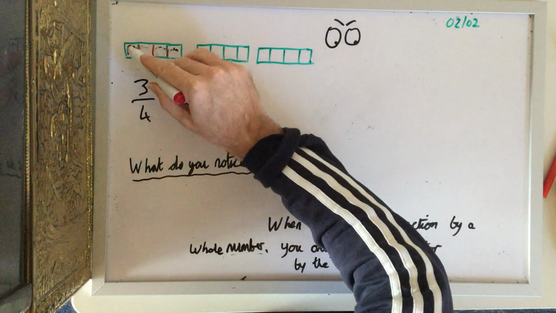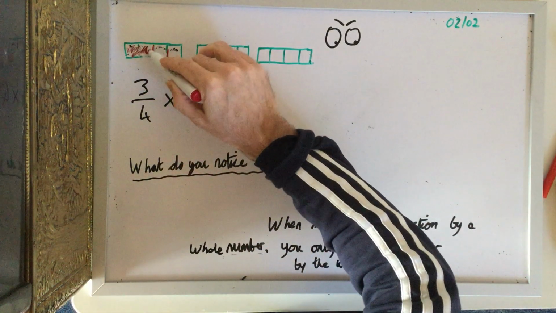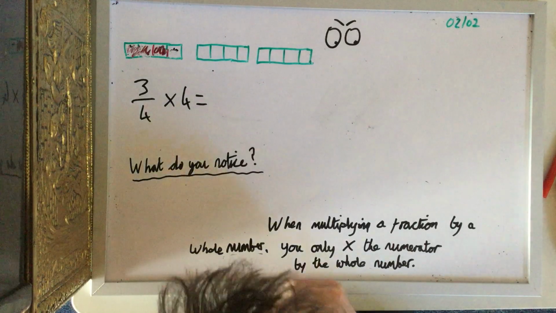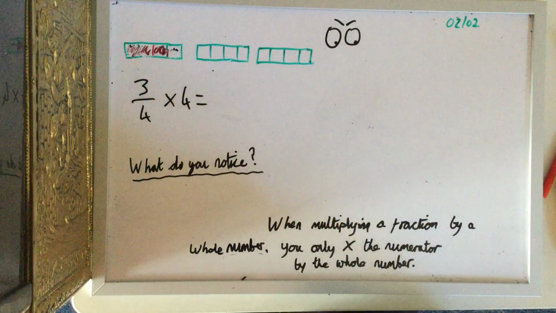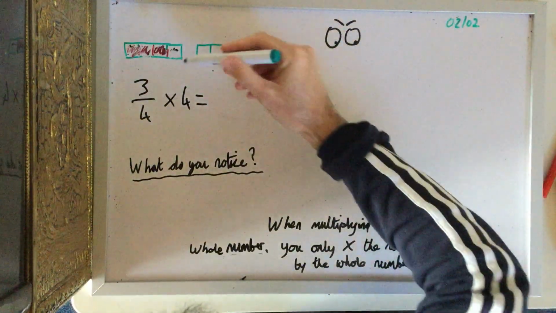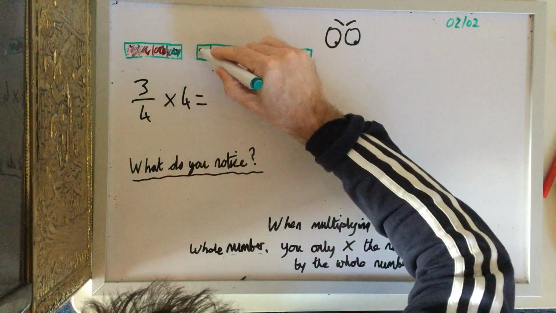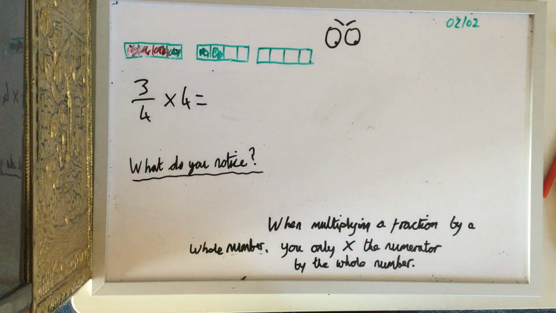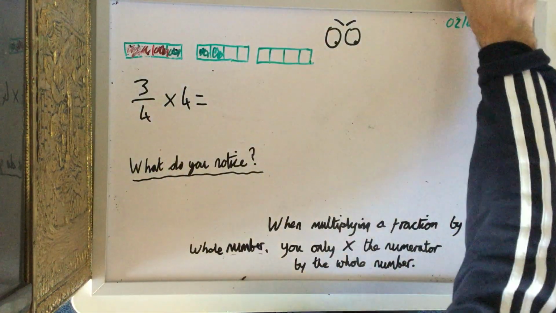If I shade in 3/4 first, so one lot of 3/4, that is 3/4. Then, if we times it by 4, let's use a different colour. If I shade in another 3/4, it takes us to 6/4 or 1.5.